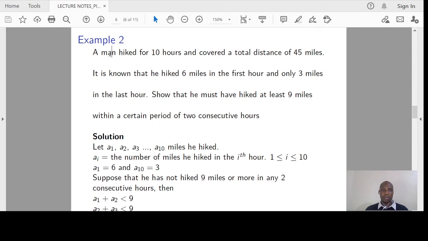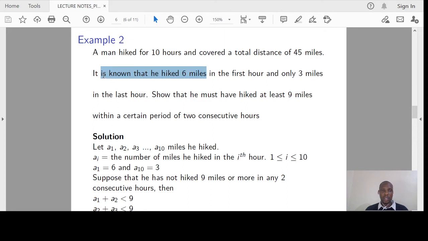So this is a man hiking, and the question states clearly that this man hiked for 10 hours and covered a total distance of 45 miles. It is known that he hiked 6 miles. So this one is prior knowledge.